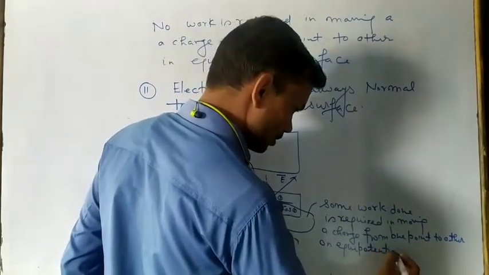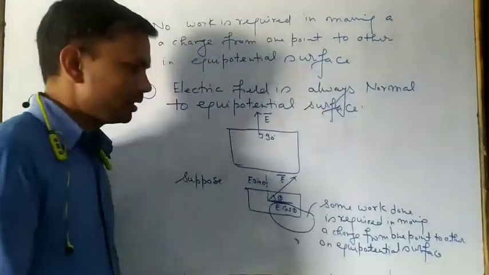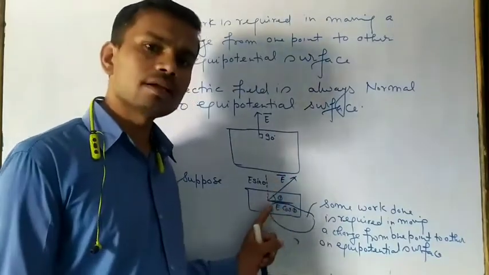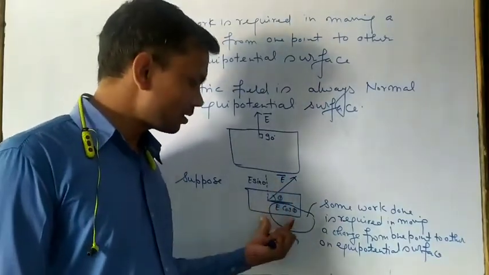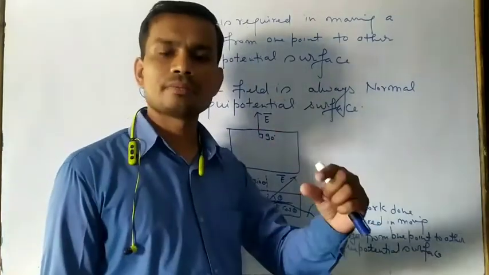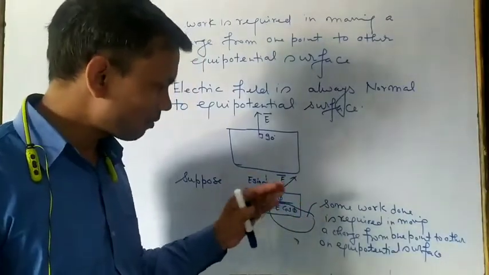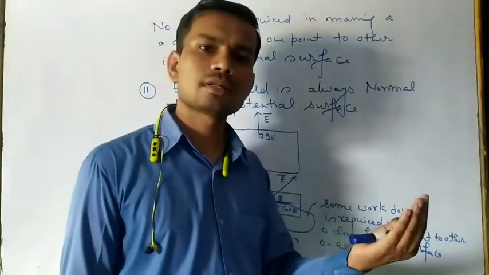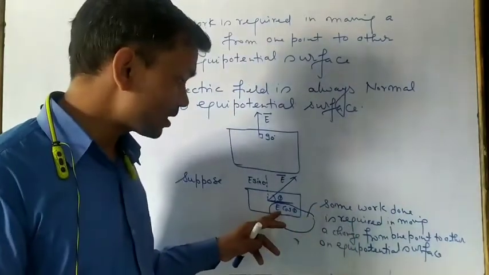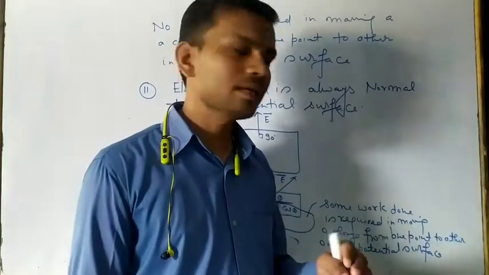Now we get this condition when the electric field is not making 90 degrees with the equipotential surface. So if you have any charge, and we want to move that charge from one point to another on the equipotential surface, then due to the presence of this component E cos theta, some work done is required, right?